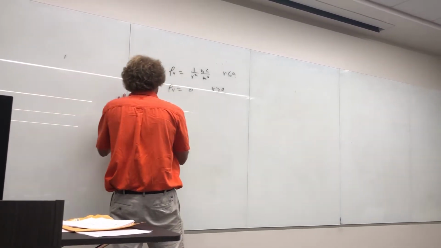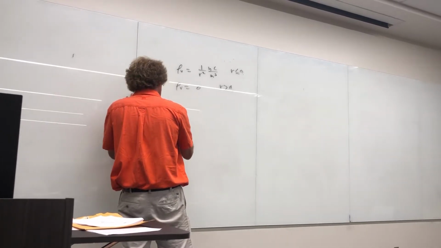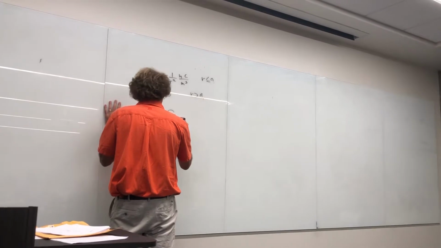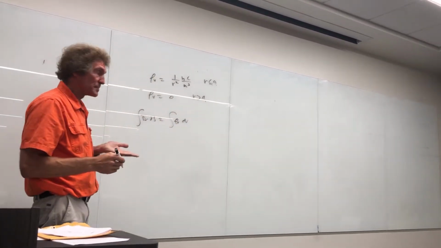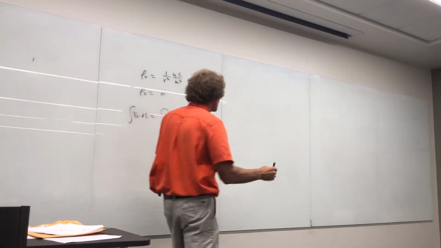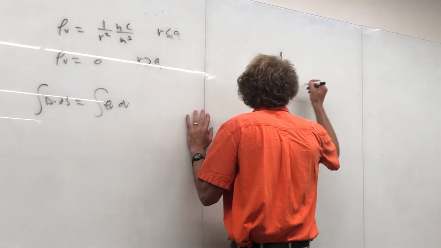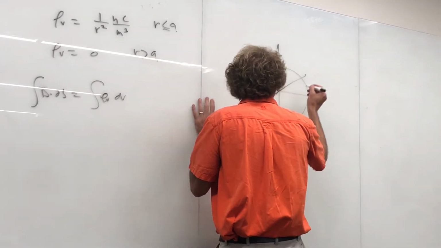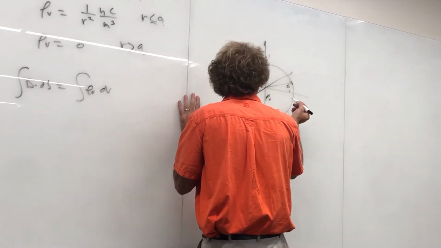So for starters, this is definitely a Gauss's law problem. And that's the integral of D dot dS is equal to the integral of rho v dv. When you take a look at this, if it's a spherical charge distribution, or spherically symmetric, you basically have a ball, and this ball has a radius of a, and everywhere in here it's rho v.